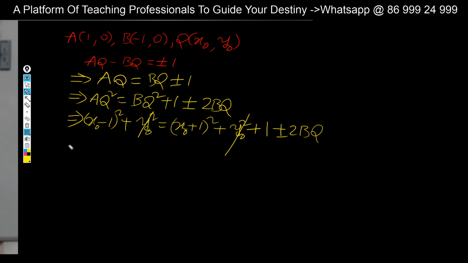Now, if you bring this to the other side, (a minus b) whole square minus (a plus b) whole square. I hope everyone knows this formula, that's why I wrote this directly.